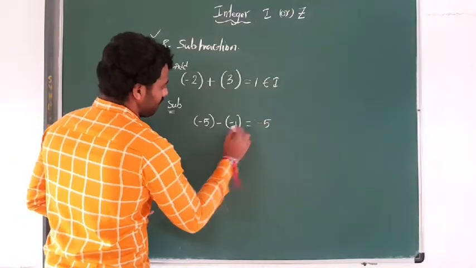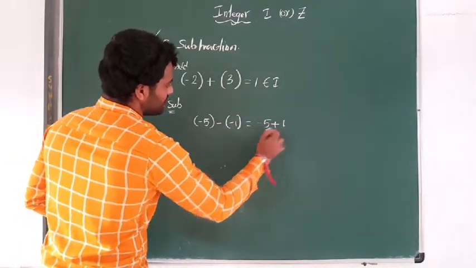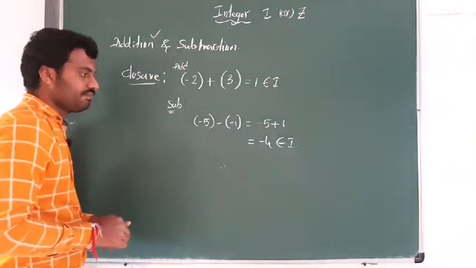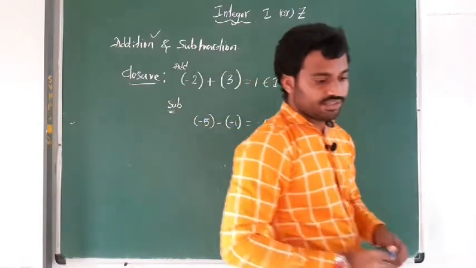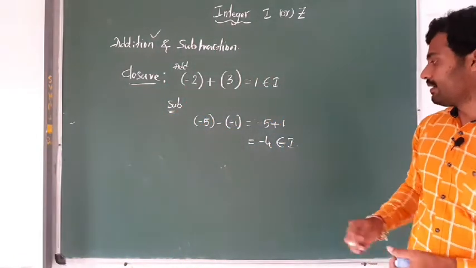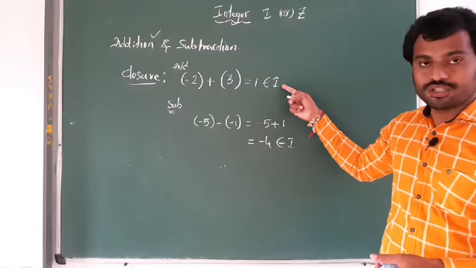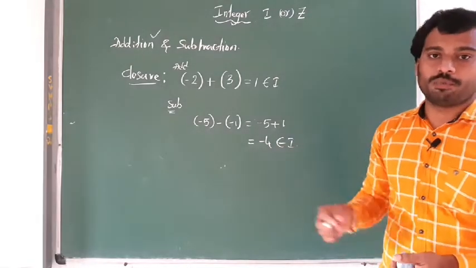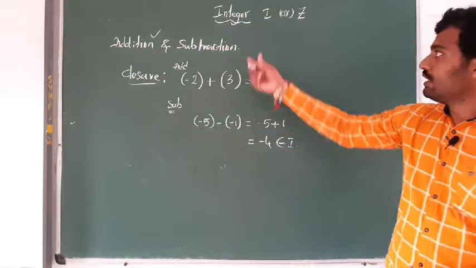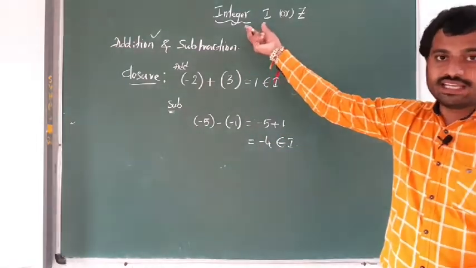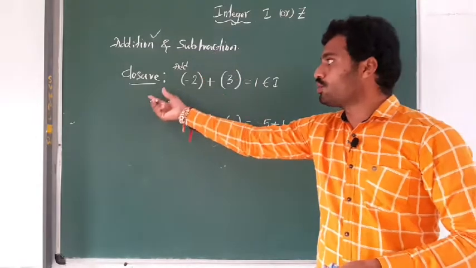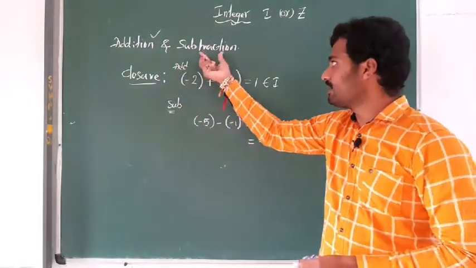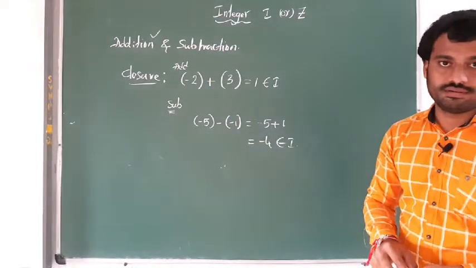Minus 5 minus into minus, plus 1, that equals minus 4, which belongs to the integer set. So under addition it is satisfying, and under subtraction also the closure property is satisfying. So the integer set satisfies the closure property under addition and under subtraction.